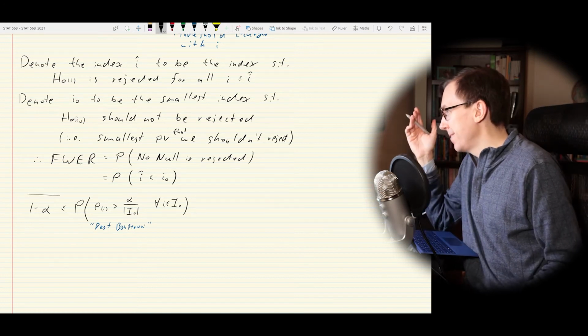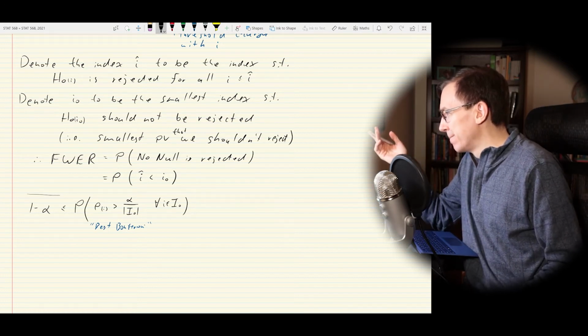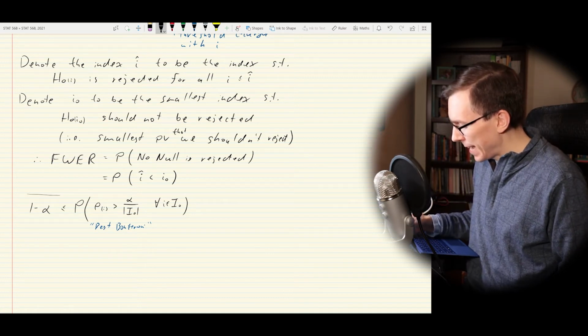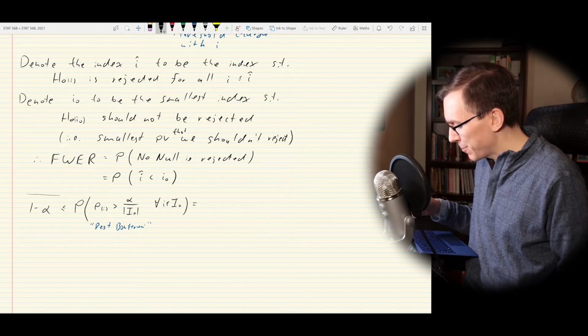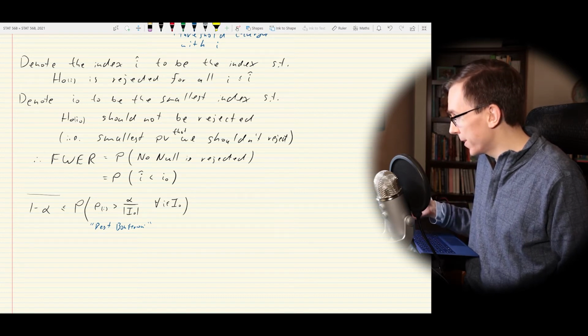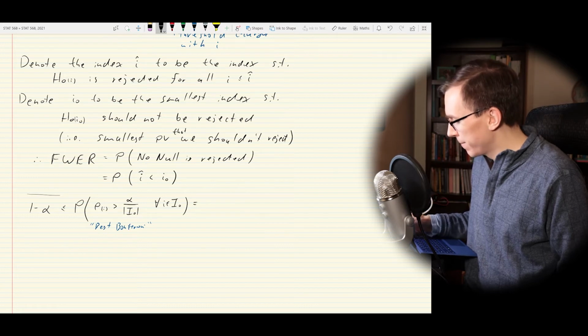Okay, so we have that. And then the claim is that since this has to happen for all I, and our p-values are ordered, this isn't equals.